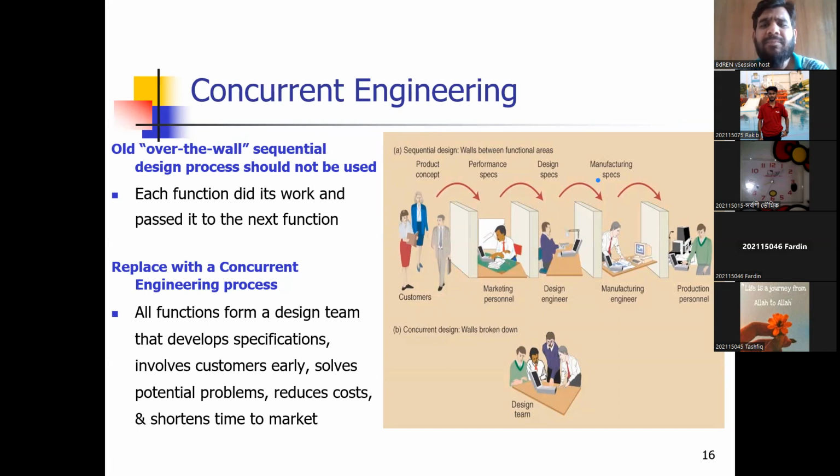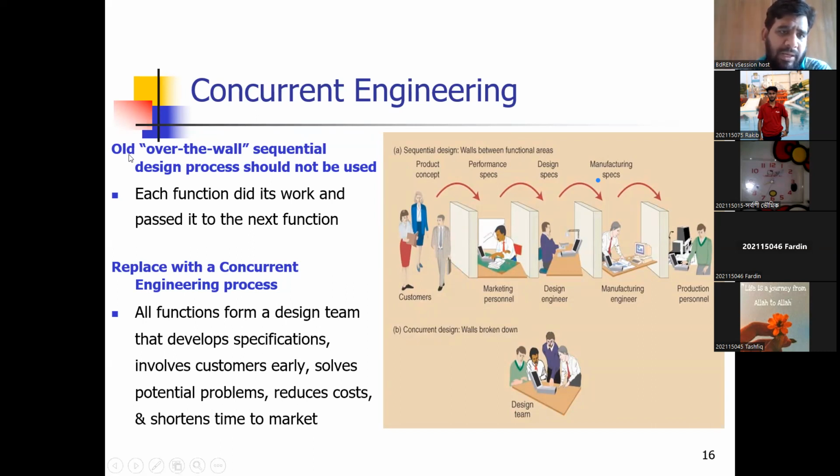What will happen? There are production interruptions, like walls. Concurrent engineering means you are removing the walls, that means the barriers to transfer from one segment to another segment.